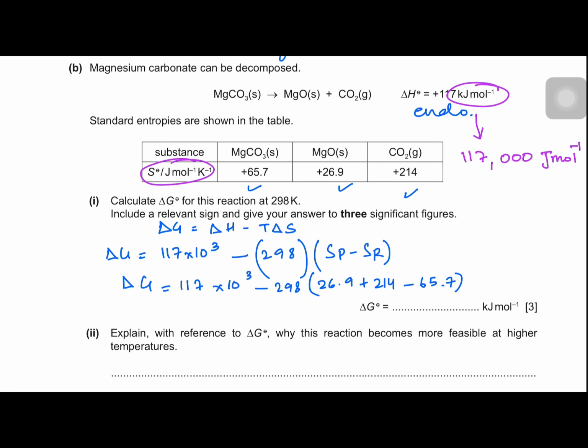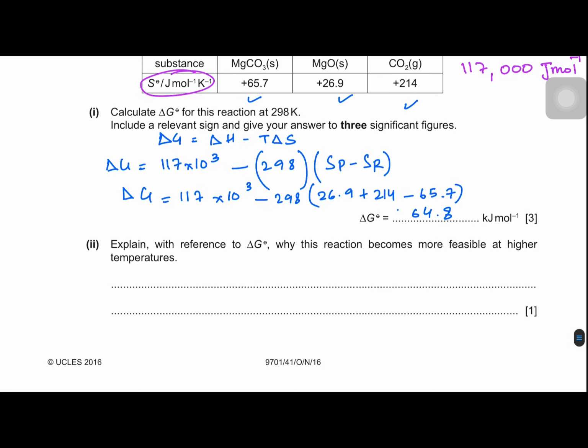When you solve these values, let me do it on a calculator. 26.9 plus 214 minus 65.7, 175.2, and then 64.79. So it becomes 64.8. This is positive value. Yeah, they want the sign already. Yeah, so that is positive.